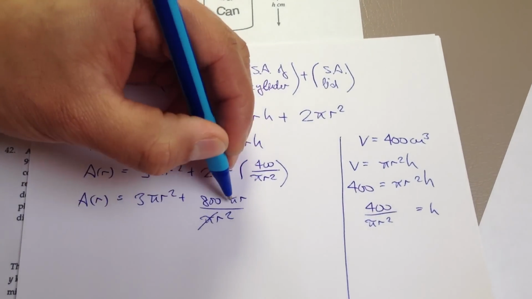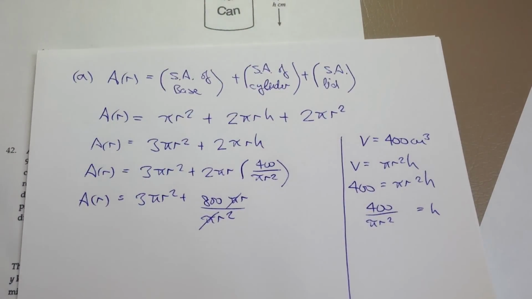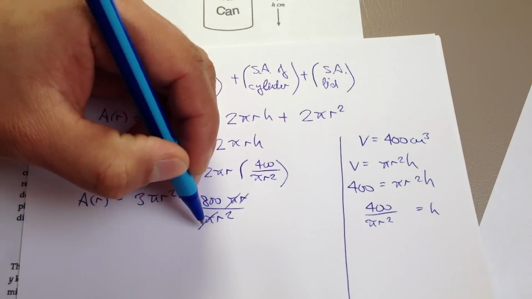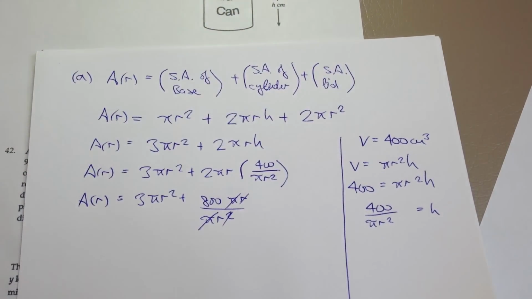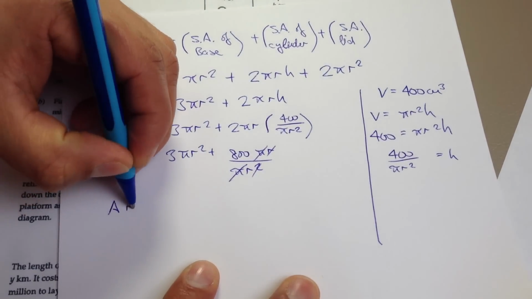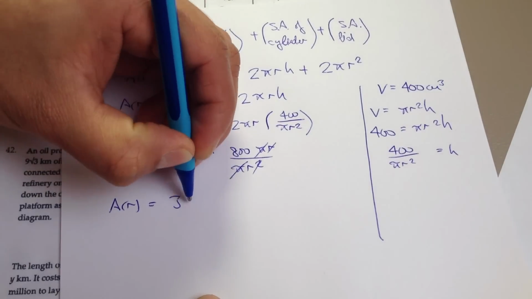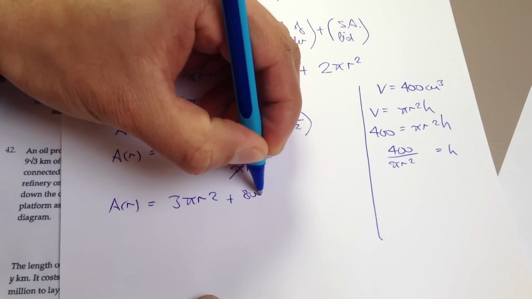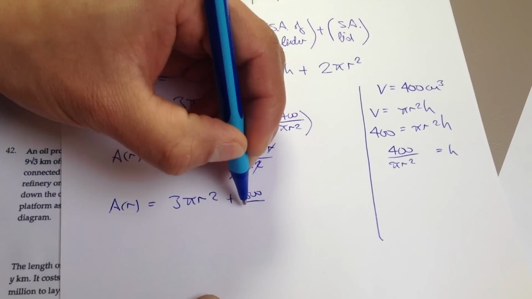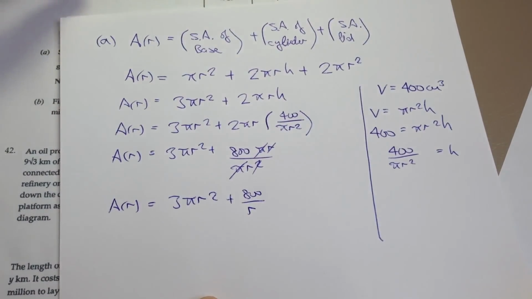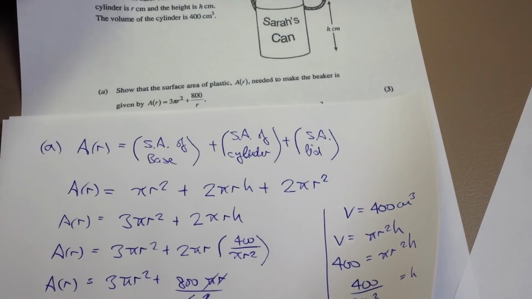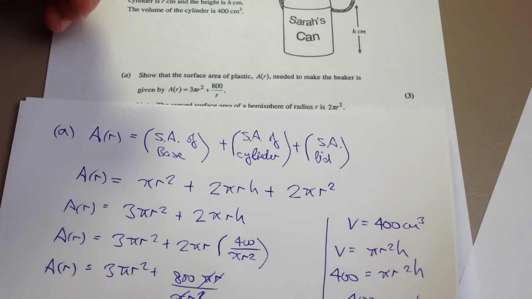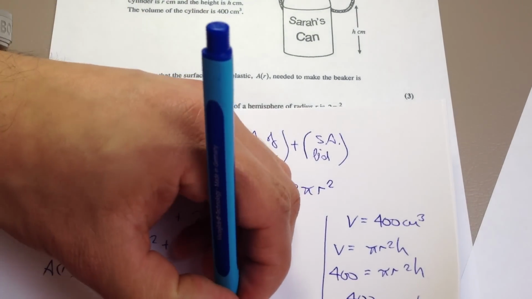And you'll notice I can cancel out the pi on the bottom with the pi on the top, the r on the top with one of the r's on the bottom, leaving me with A of r equals 3 pi r squared plus 800 over, and I have 1 r remaining, and that is, let me just double check here, exactly what they were looking for. Yep, perfect, so that's as required.